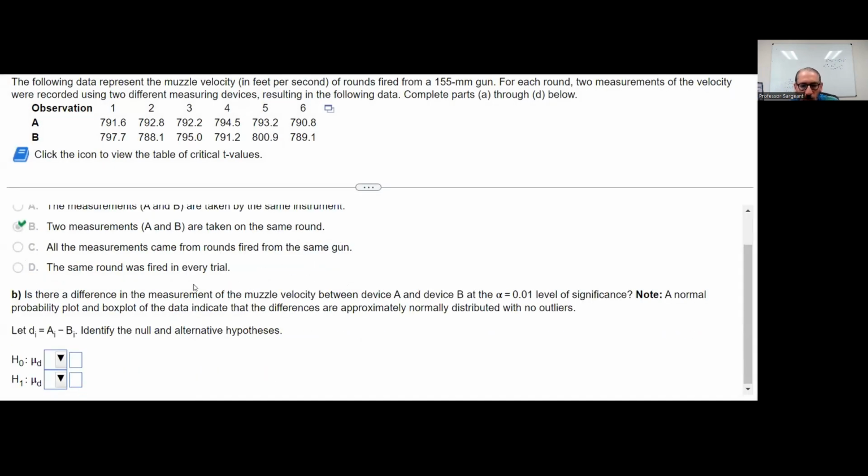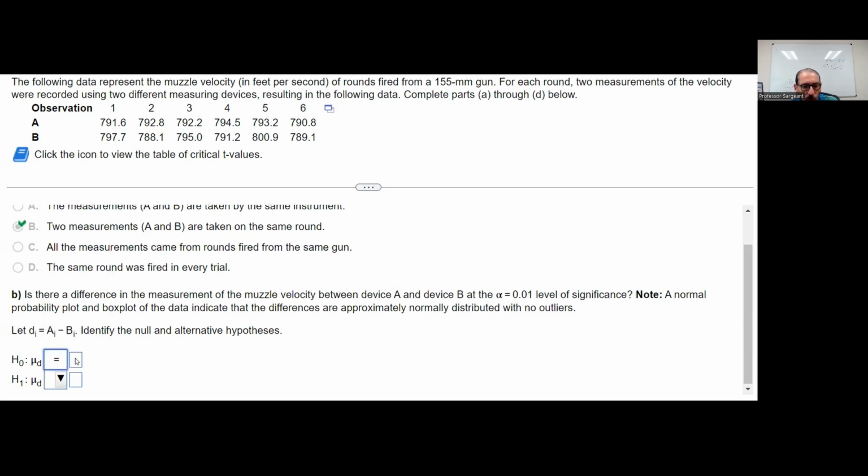Is there a difference in the measurement of the muzzle velocity between device A and device B at the alpha equals 0.01 level of significance? By the way, we're told that it looks like we do have normal distribution of differences, no outliers. So, is there a difference?